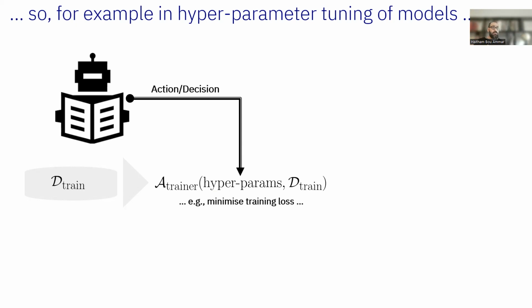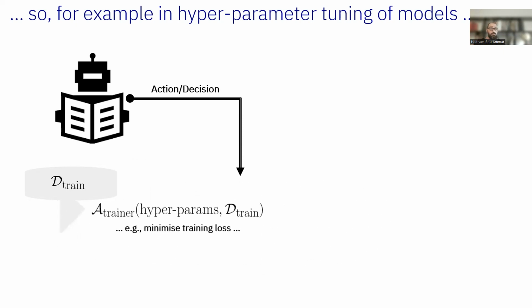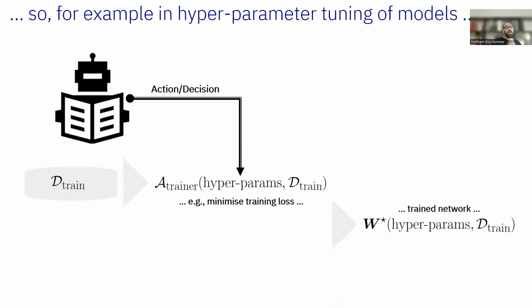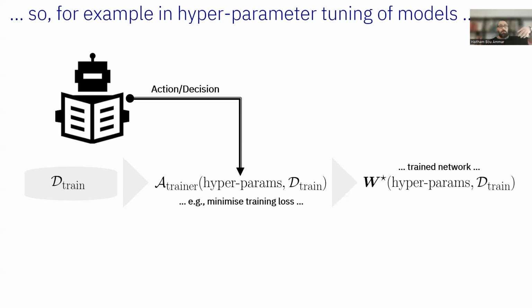Upon deciding this, and given a training data set, the training algorithm would run. As it runs, for example minimizing a loss like a cross-entropy loss, you will get the optimal weights, or really the stationary weights of your deep network, W star.